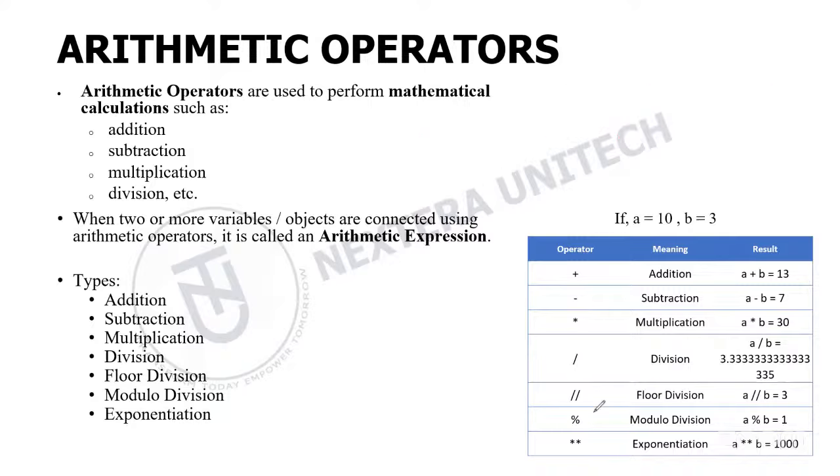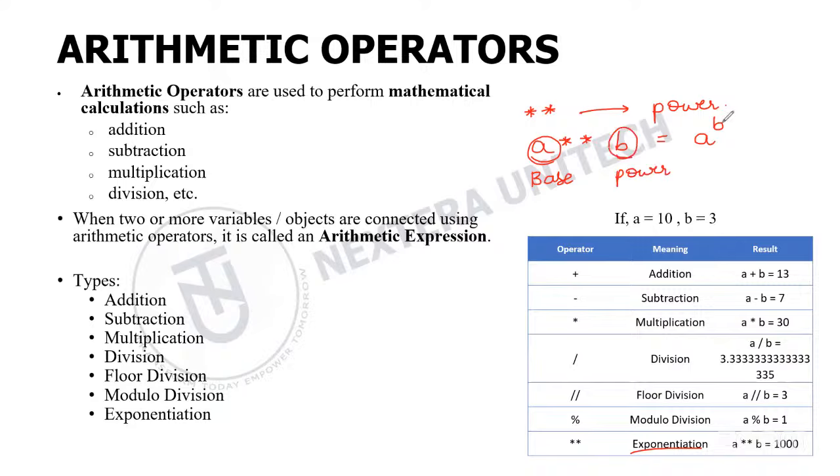And then the exponentiation operator. This operator is two asterisks, and it is used for getting the power of values. When you do A exponentiation B, that will give us A to the power of B. Here A is your base value and B is the power.